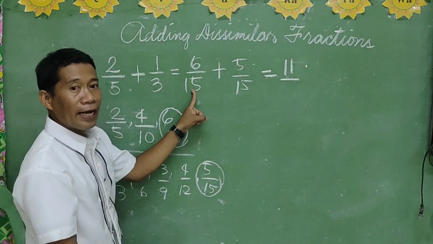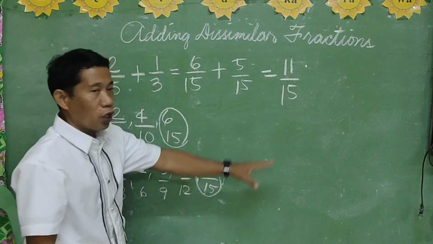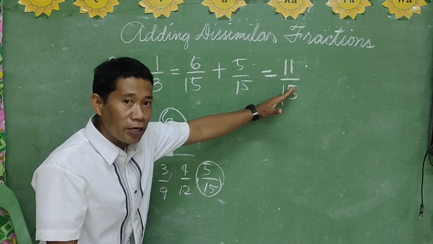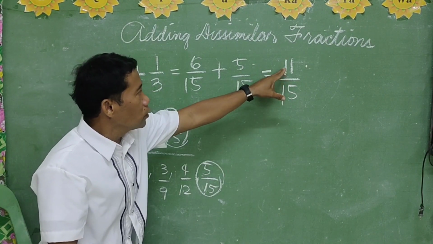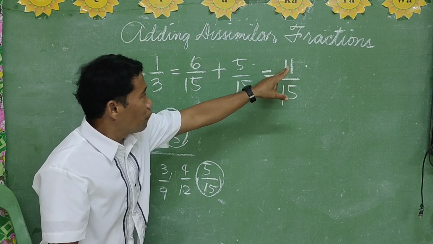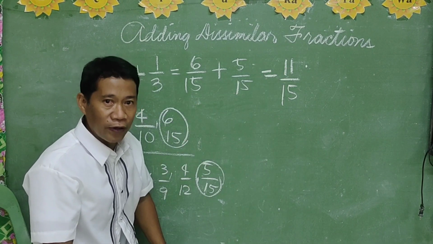Then copy the denominator. Are you sure that this one is simplest form? Sigurado po tayo, because if we are going to look or find the factors of 11, the answer is 1 times 11.